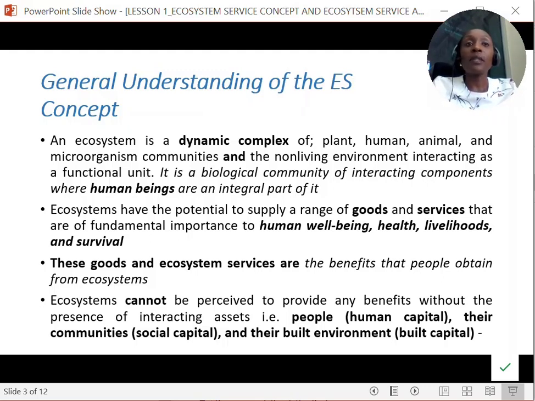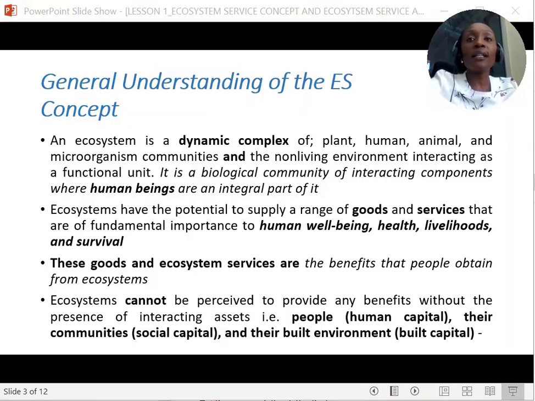It goes without saying that everyone in the world depends on Earth's ecosystems and the services they provide. In essence, ecosystems cannot be perceived to be providing any benefits without the presence of the primary users, in this case us, people, which we term human capital.